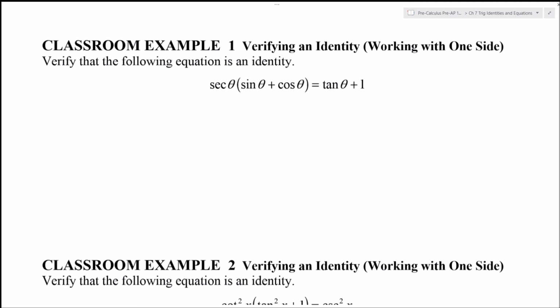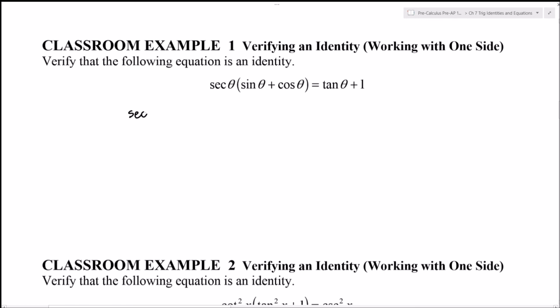So this one, secant theta times sine theta plus cosine theta, because we have parentheses with the sine theta plus cosine theta being multiplied with the secant theta, those parentheses are almost demanding to have a distribution operation done. So we'll go ahead and distribute the secant theta into both of those terms. And on the left-hand side, well, let me write it over here.